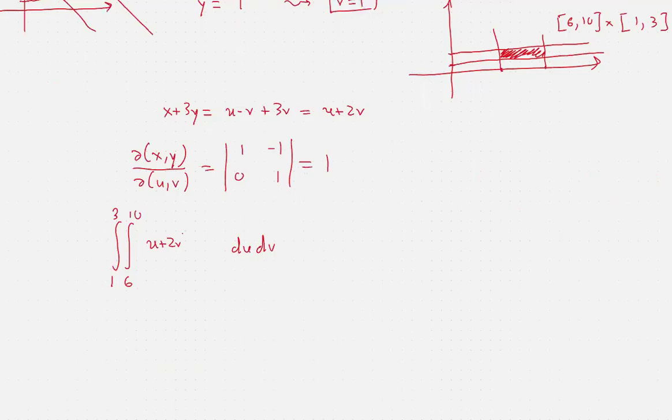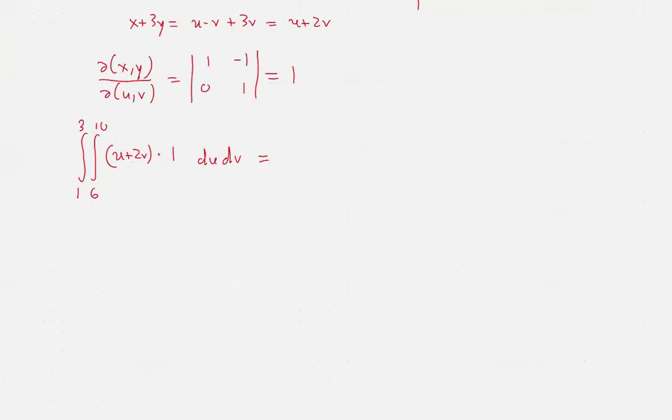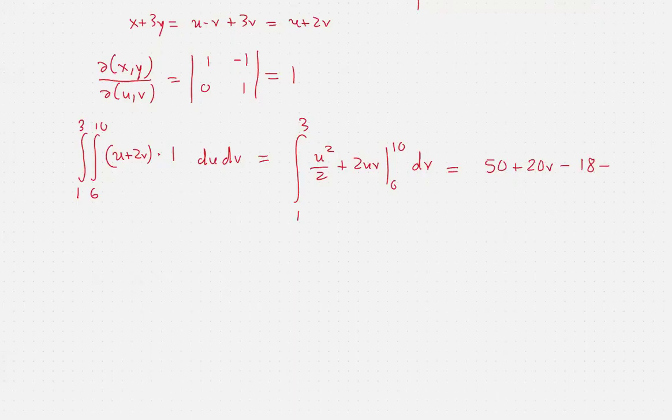Of course, nothing changes. So we can do u squared over 2 plus 2uv going from 6 to 10. And then we have 1 to 3 dv. And this is going to be 10 squared is 100 divided by 2. That will give us 50 plus 20v. And then we subtract from it what we get by plugging in 6. So this will give us 6 squared, which is 36 divided by 2, that's 18, plus 2 times 6 is going to give us 12v.